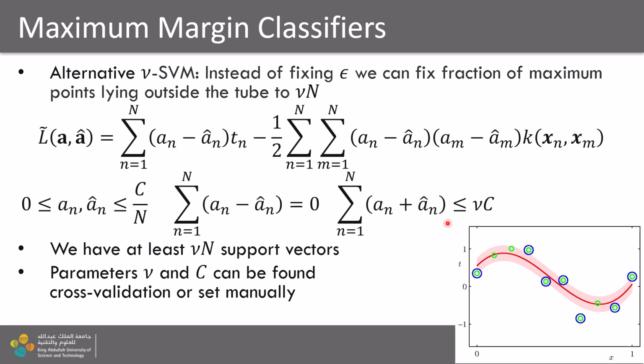So imagine that we have a_n equal to the maximum value, C divided by n, and it could be either a_n or a hat n.